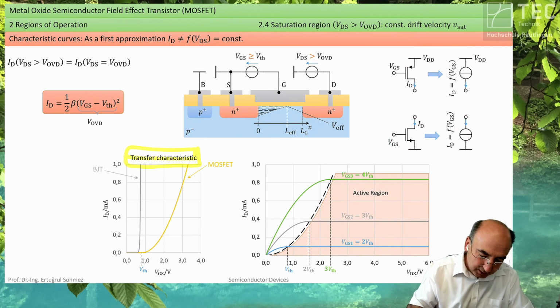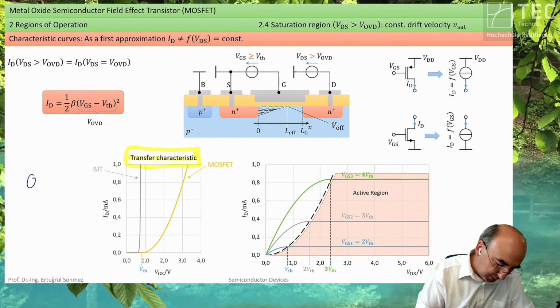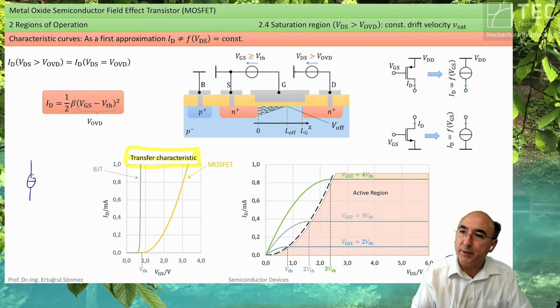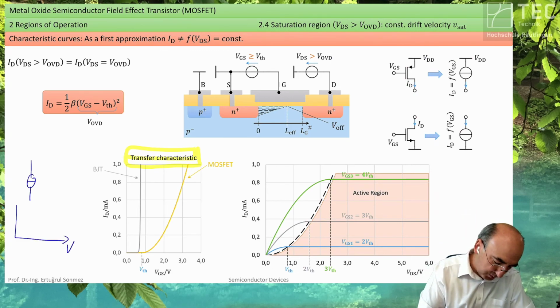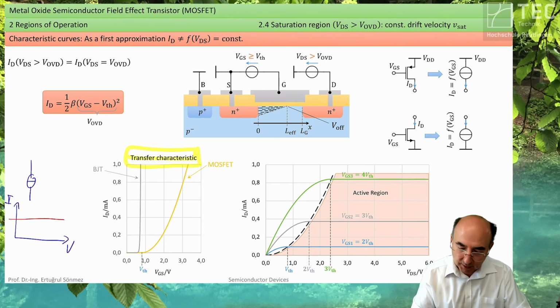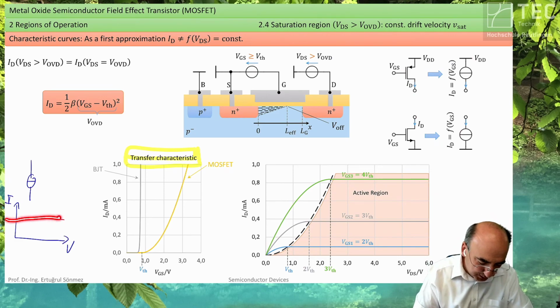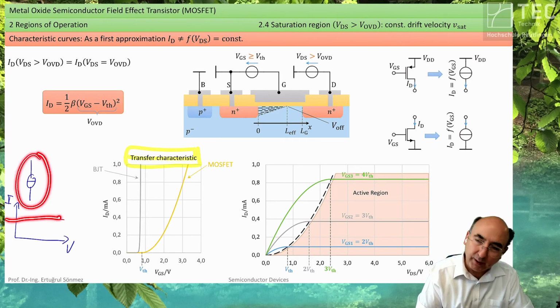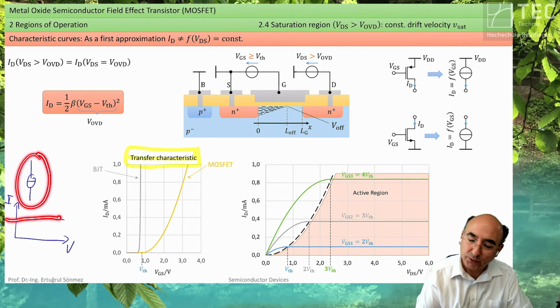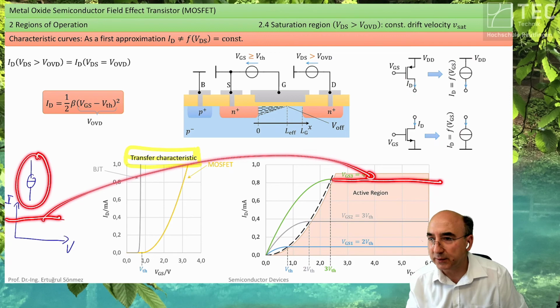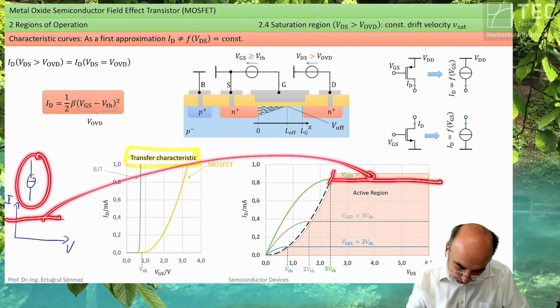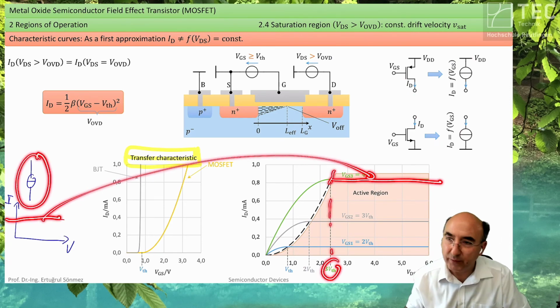What is the characteristic curve of a current source? It is just a line. And if you compare this characteristic curve of a constant current source to the transistor, yes, it has also a constant line, but down to the overdrive voltage.